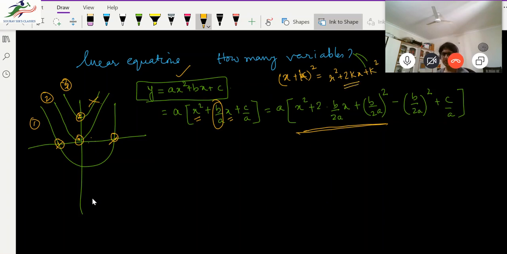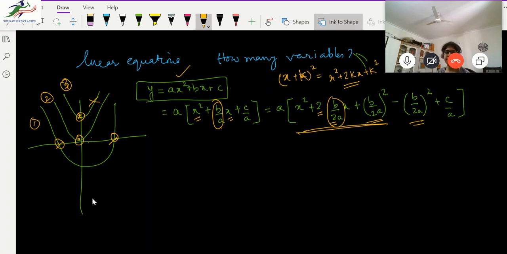So I'm trying to build this term 2k. So I brought 2 here. I cannot change the term, so I had b by a. I had to bring a 2 here so that the overall term remains the same. And because I brought b by 2a, I had to bring in a square of that to make this a complete square. And then I subtracted the same term so that overall the expression doesn't change.